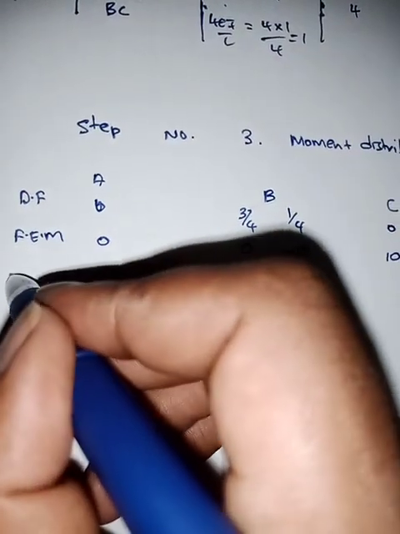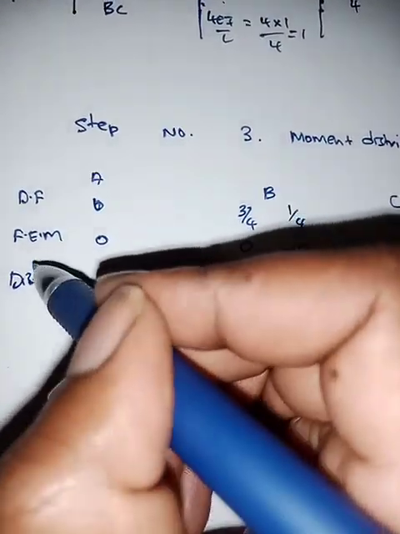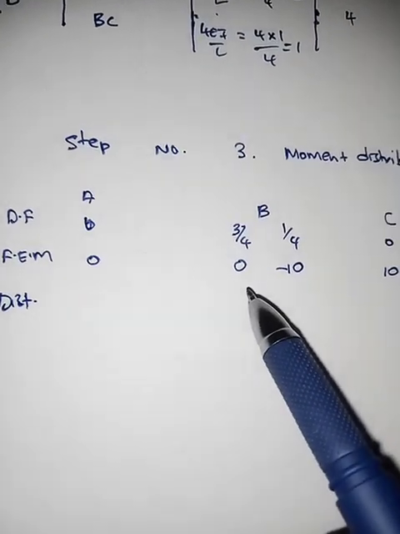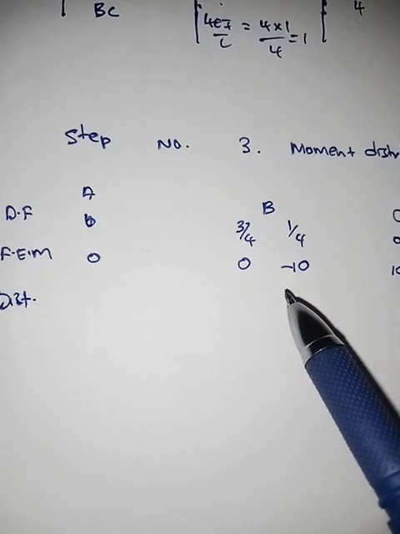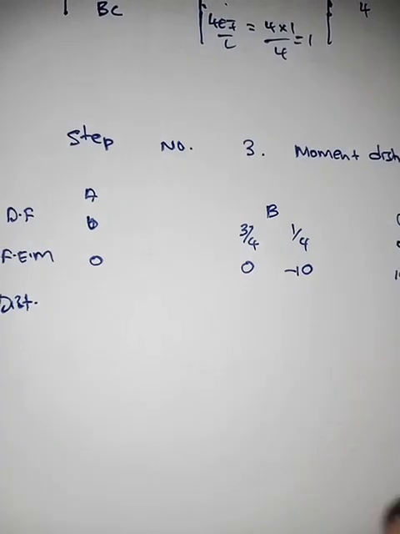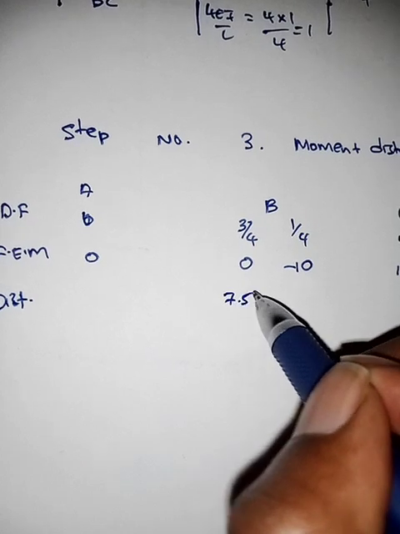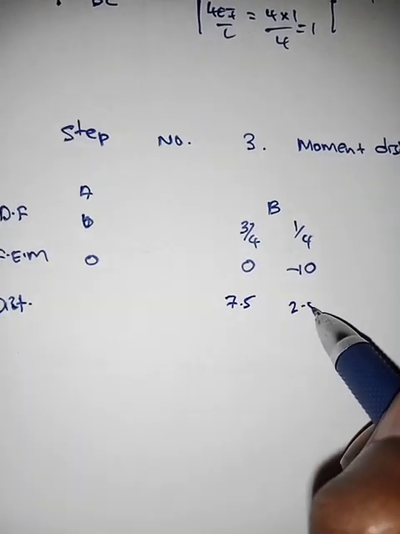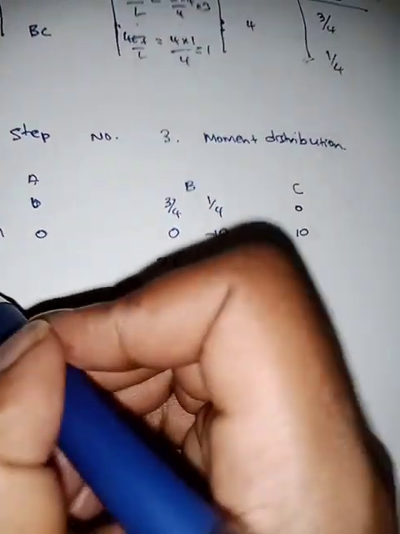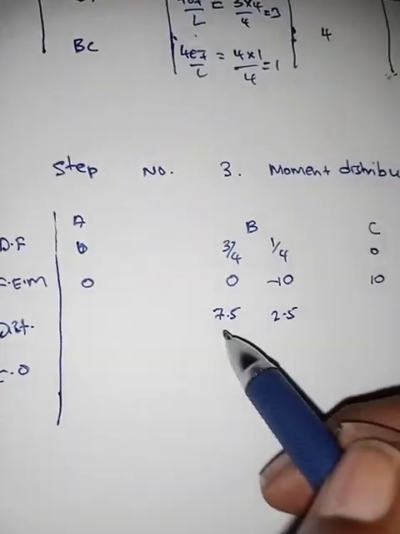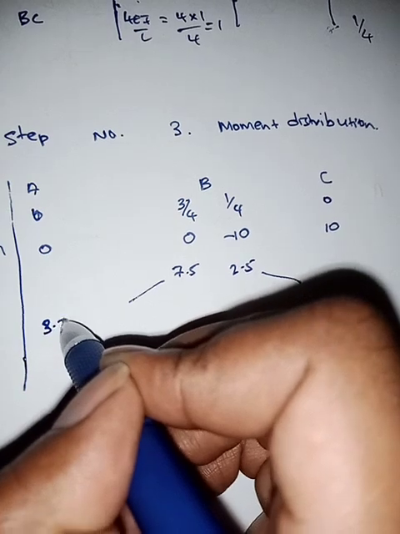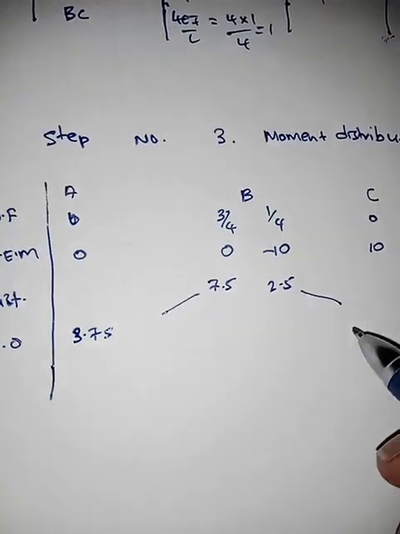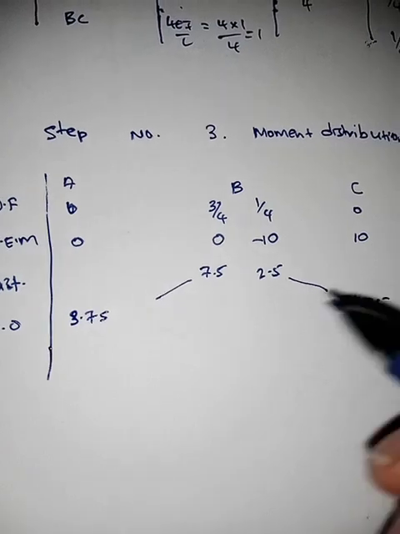So let's carry out our first distribution. So the out of balance moment between 0 and negative 10 is negative 10. So the balancing moment will be positive 10. So if you balance, this will be 7.5, this will be 2.5. Then you do the carry over. So half of this comes to this side and half comes to this side. So this will be 3.75 and this is 1.25.